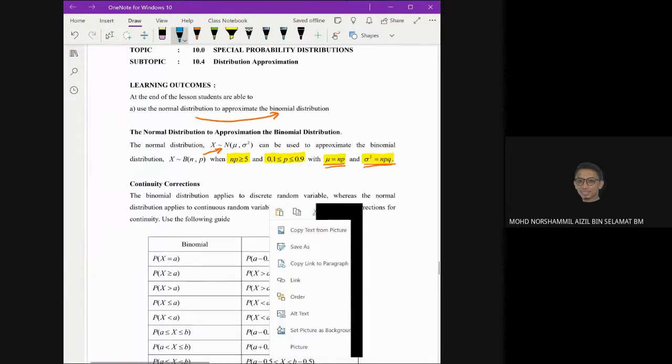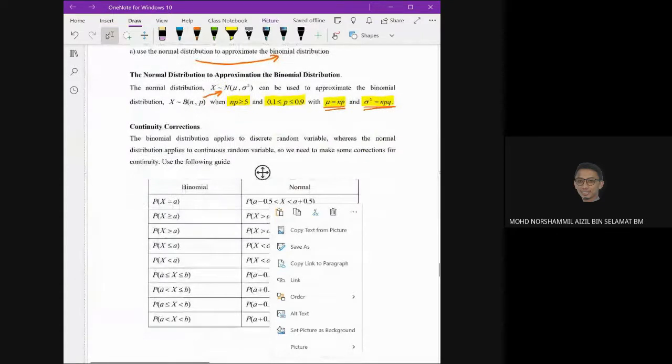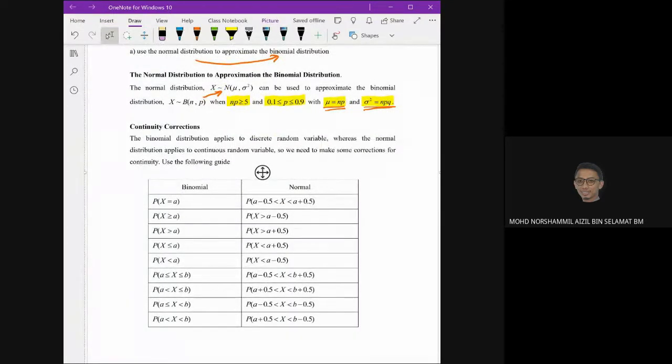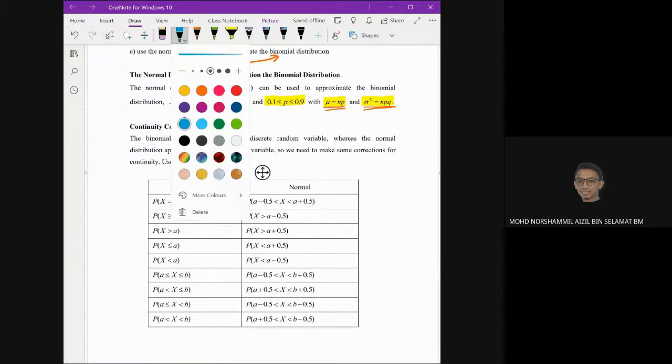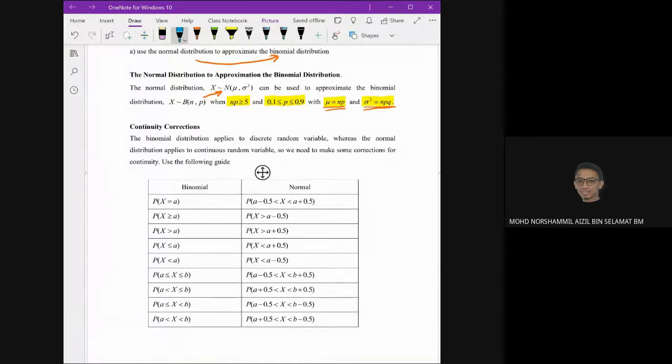Okay guys, so let's focus on the next part. The next part is continuity correction. So what does it mean by continuity correction? Continuity correction means that we are dealing with conversion from discrete to continuous. Maksudnya guys, kita berubah daripada discrete ke continuous.